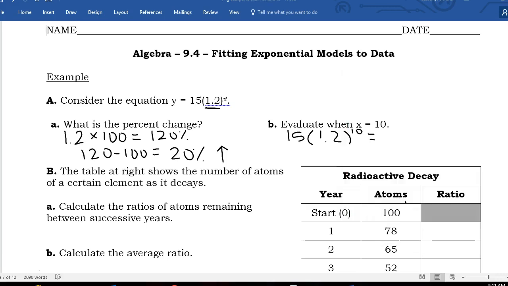Let's round that. So that definitely tells me it's increasing too, because if my starting value was 15 and after 10 terms I'm at almost 93.